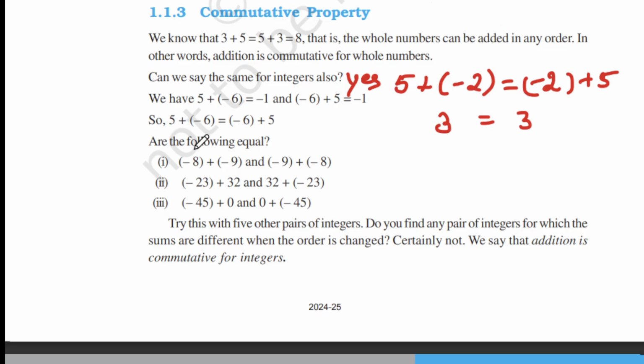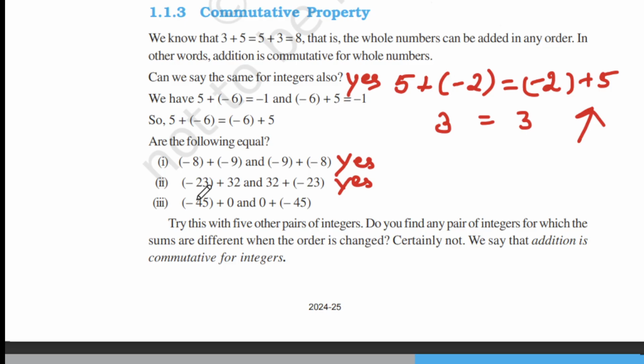Are the following equal? Minus 8 plus minus 9, minus 9 plus 8? Yes, these are equal. And when you see this one, minus 23 plus 32 and 32 plus minus 23, yes, because we just saw this one, right?